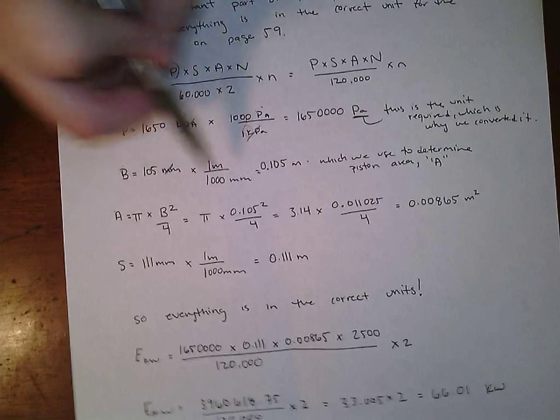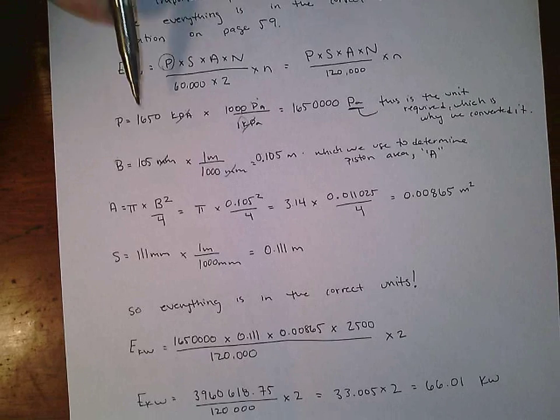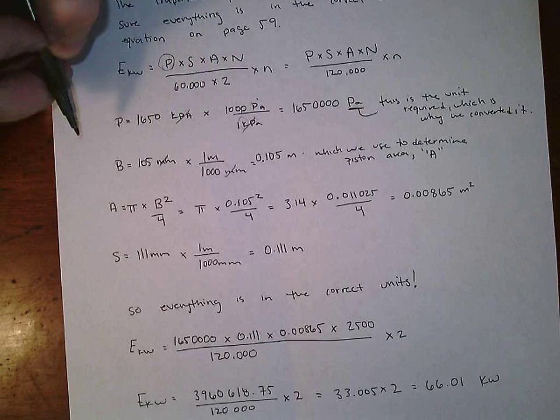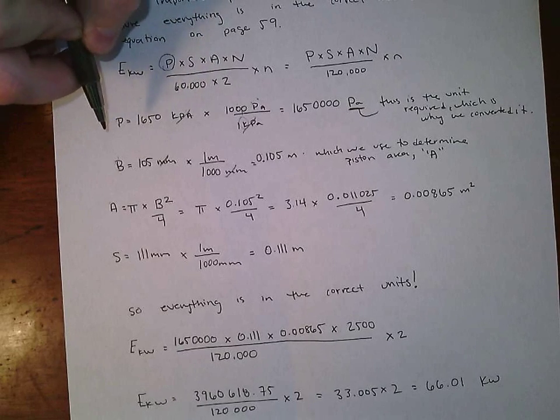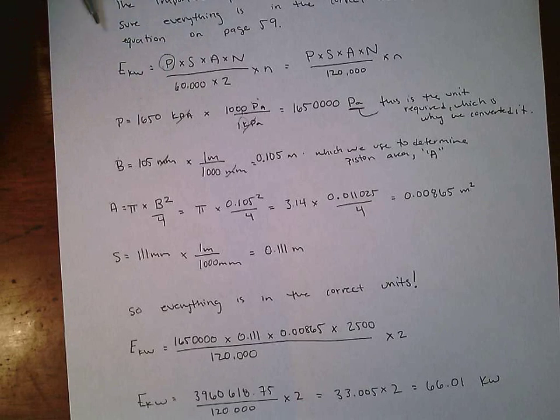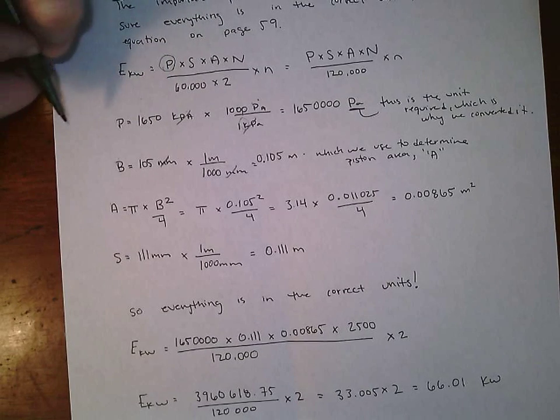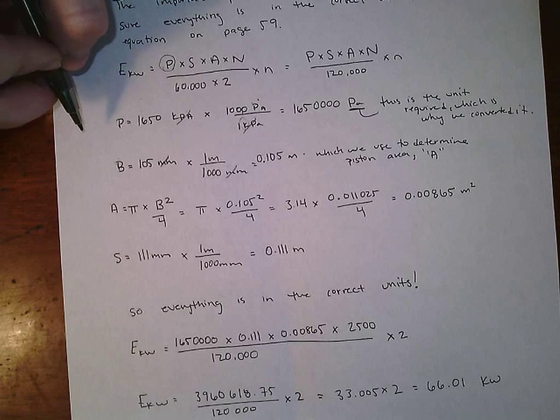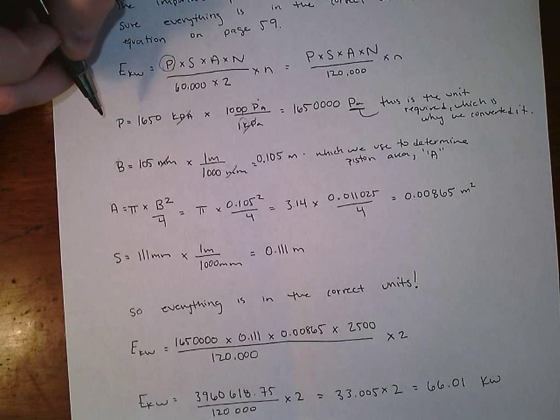Again, our units cancel out. This might seem a little strange to do this way, but it's because there's 1000 millimeters per meter, whereas the difference between meters and kilometers would be 1000 meters per 1 kilometer.